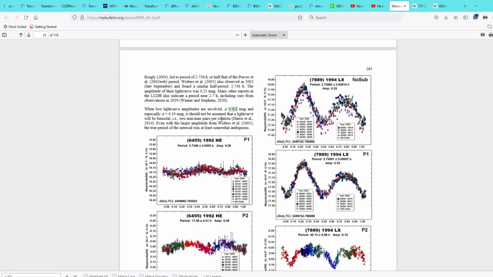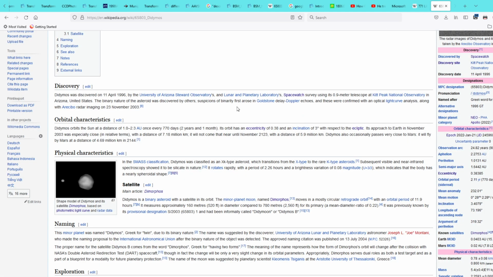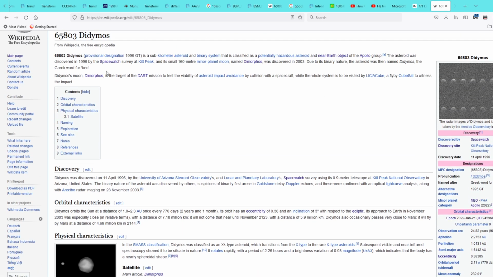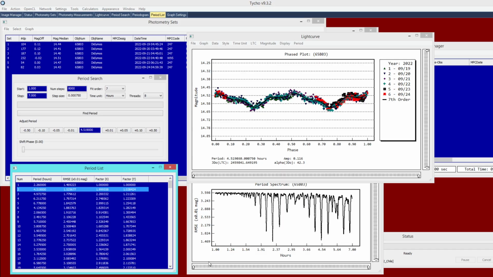A small amplitude means that there is very little variation in magnitude. In other words, this would typically be associated with a spherical object. For example, our object here, 65803, that I was showing a light curve plot of, has an amplitude of perhaps 0.11, which is less than 0.2, so we would consider that a small amplitude.